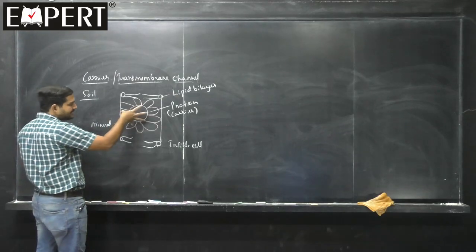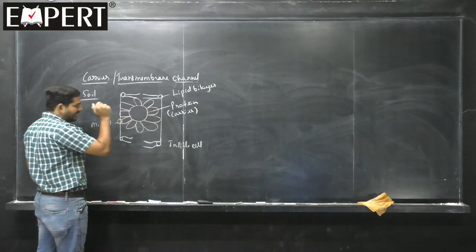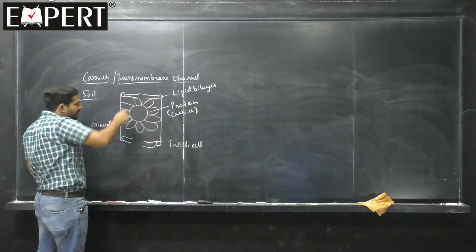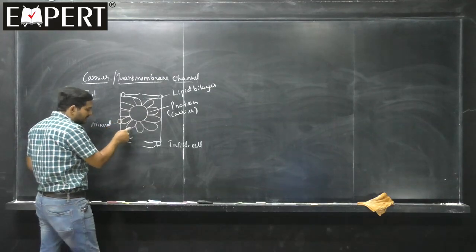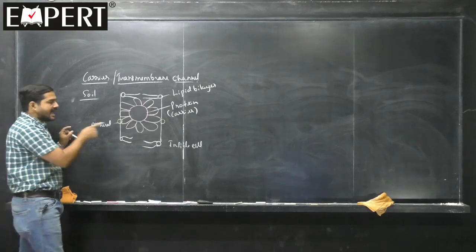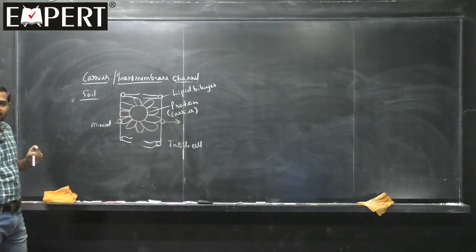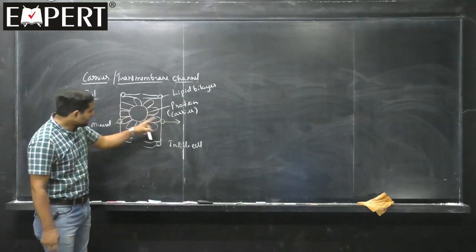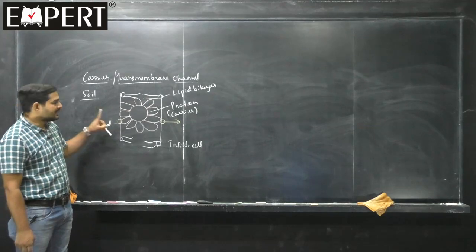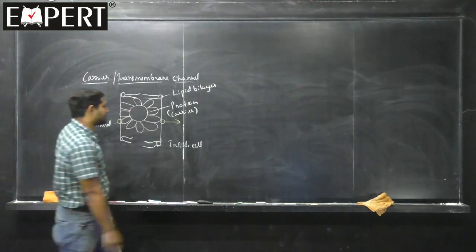Then the protein starts rotating in such a way that the mineral comes to the inner part of the cell, and the mineral enters the cell. Clear, students? And a new mineral is going to bind to the channel protein. This is one way, called the carrier or transmembrane channel concept.